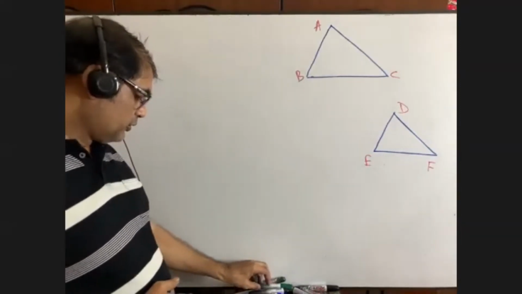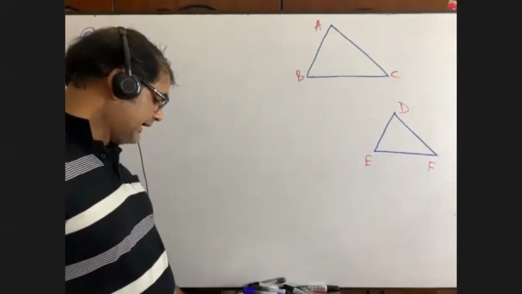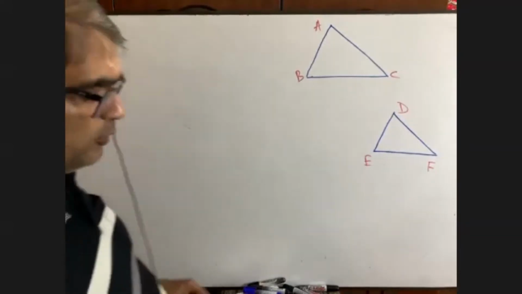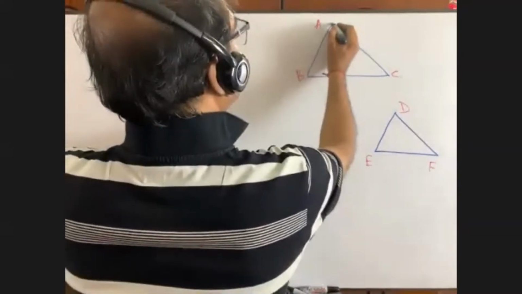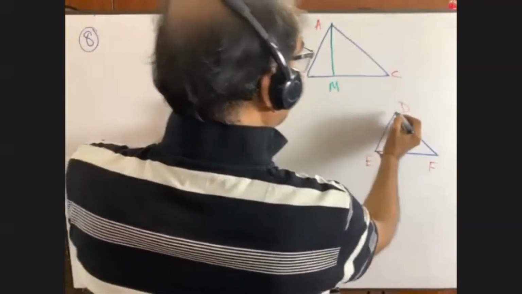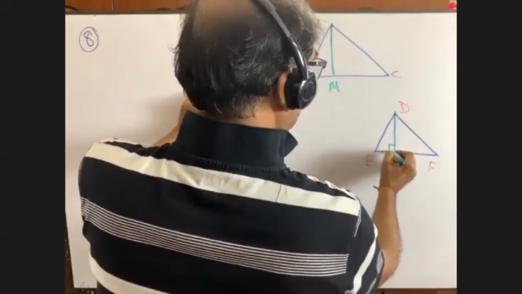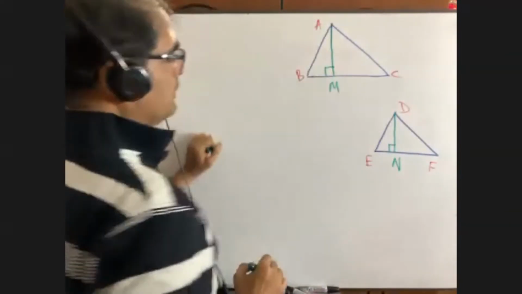It is also told in this question that their heights are respectively AM and DN. What is meant by height? Height means here perpendicular.